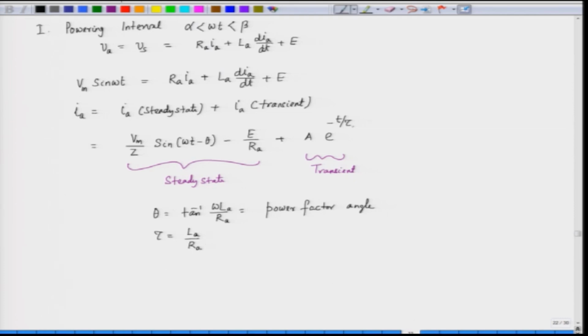We can call this the armature time constant, tau A. So, this is the solution of this equation. We have a steady state component and a transient component, and the transient component will die down to 0 as t tends to infinity. So, we stop here for today's lecture. We will try to find this constant A in the next lecture.